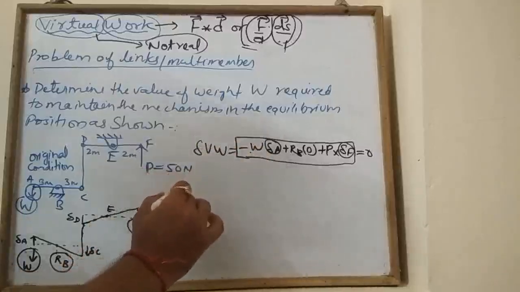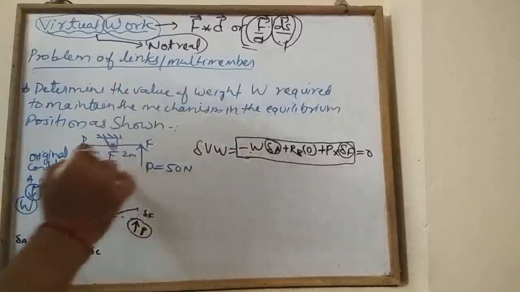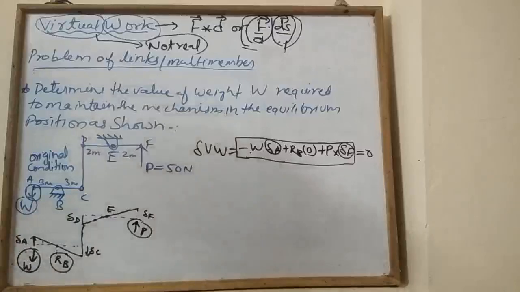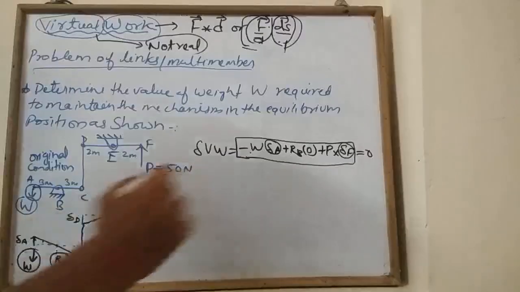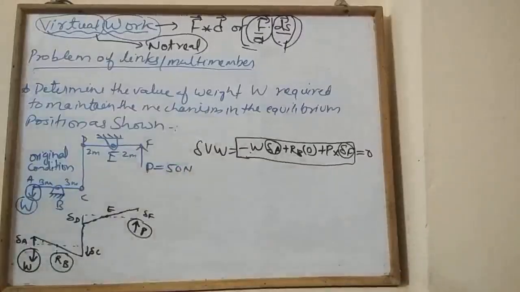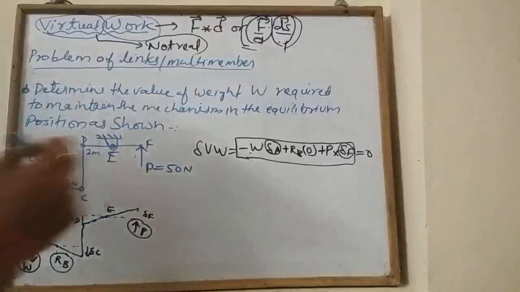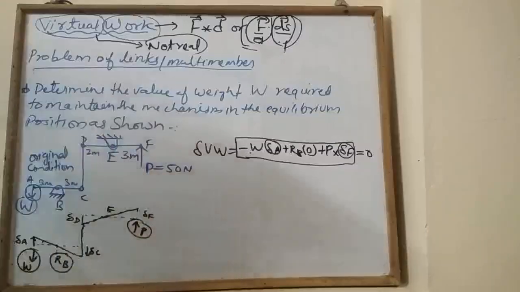So let us calculate delta A. Delta A can be calculated. This is 3 meters.